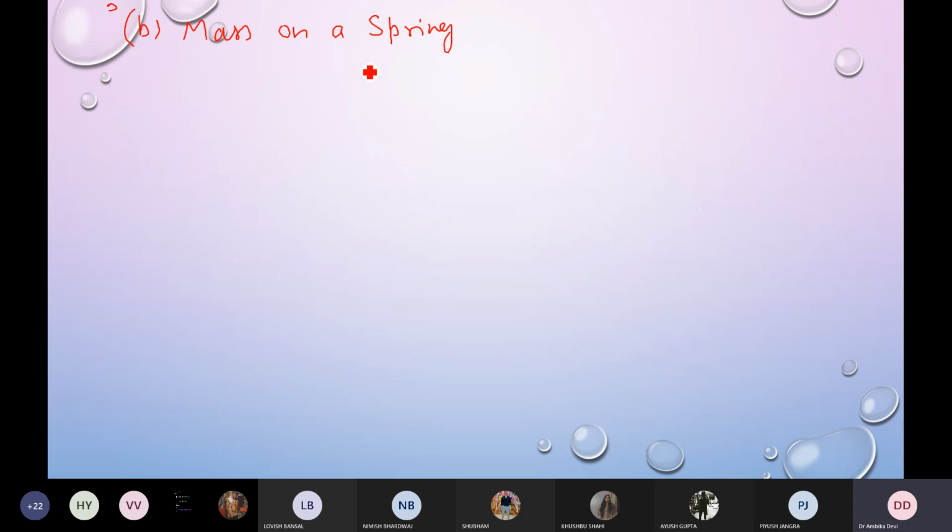Okay, so mass on a spring, the arrangement could be of two types. First one, when the arrangement is horizontal, and the second one is when the arrangement is vertical. So we will be doing it one by one. First we shall go with the horizontal setup, horizontal vibrations.